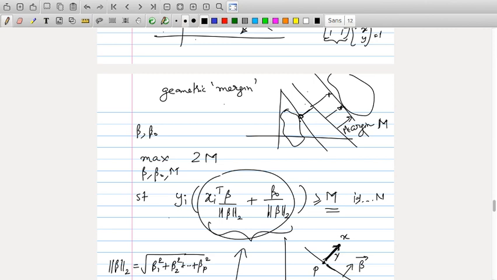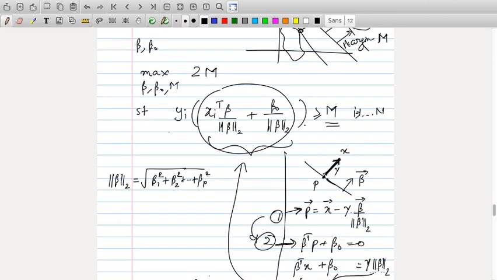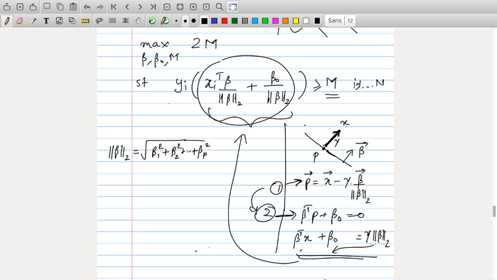On the other side, there may be another m, but take the smallest of those two. That would be my new m. So what I've done so far is to say, I can choose so many hyperplanes, let me choose the one with the largest margin, the geometric margin, the distance from all these positive class and negative class points.